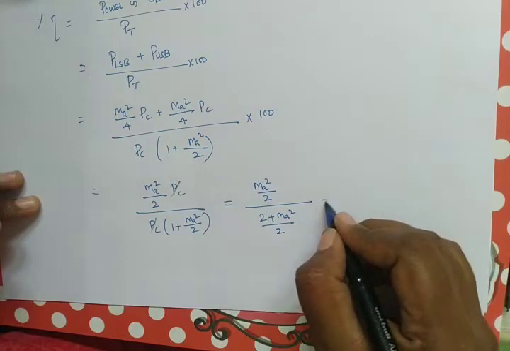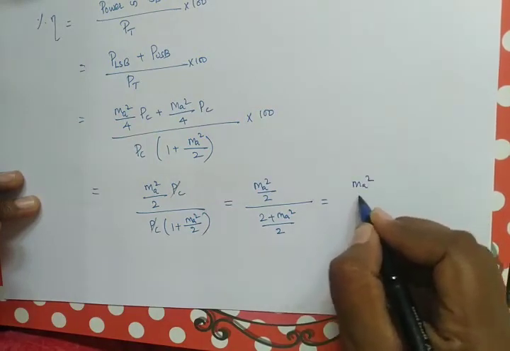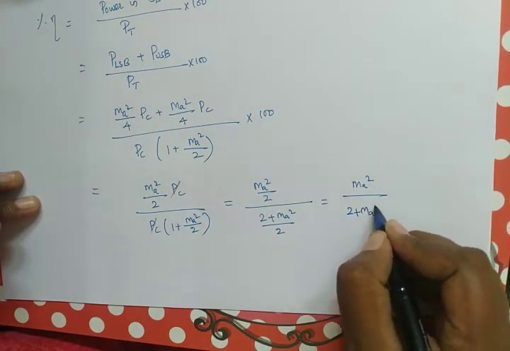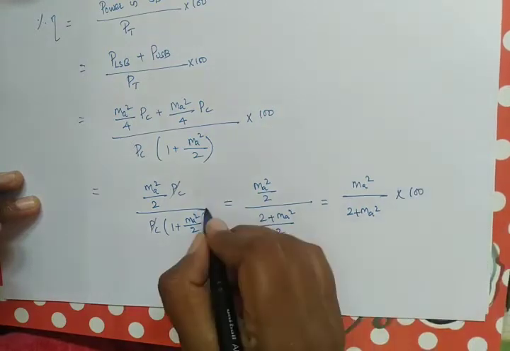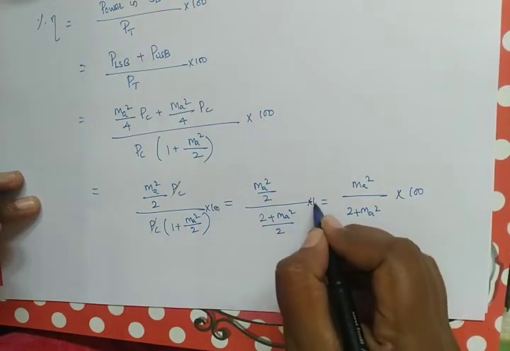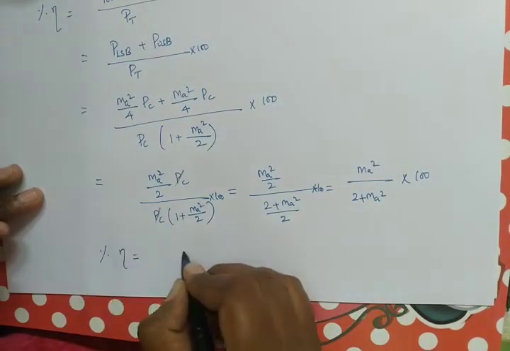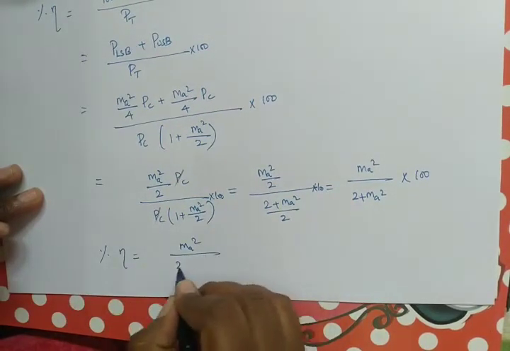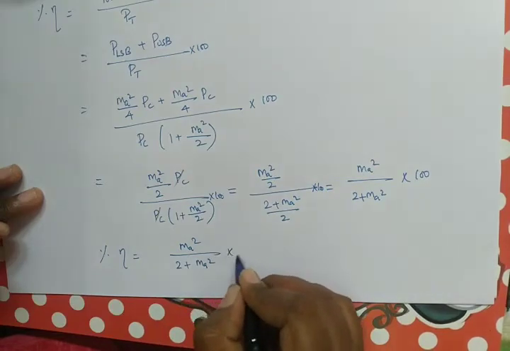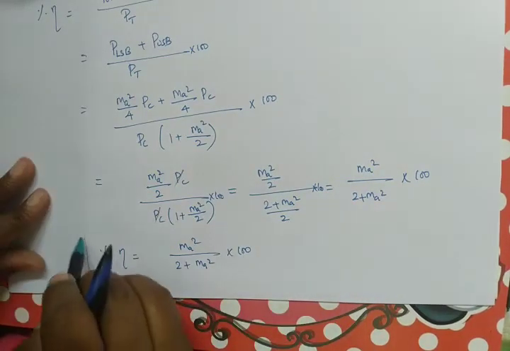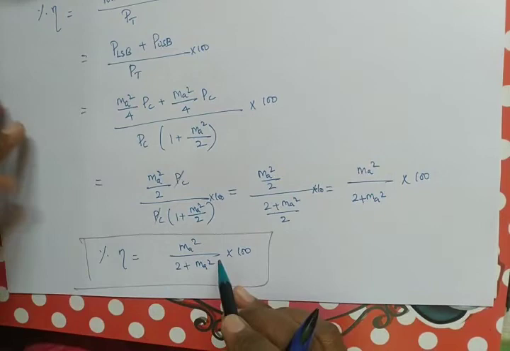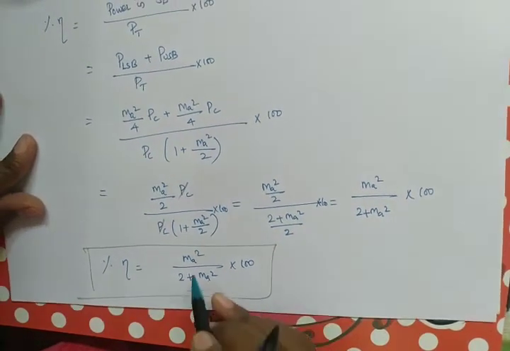Therefore this is equal to MA square by 2 plus MA square into 100. So the percentage efficiency will be equal to MA square by 2 plus MA square into 100. This is the transmission efficiency for AM DSB FC, that is double sideband full carrier.